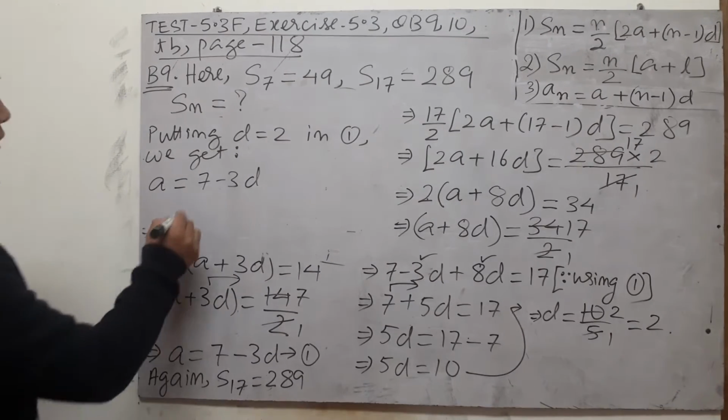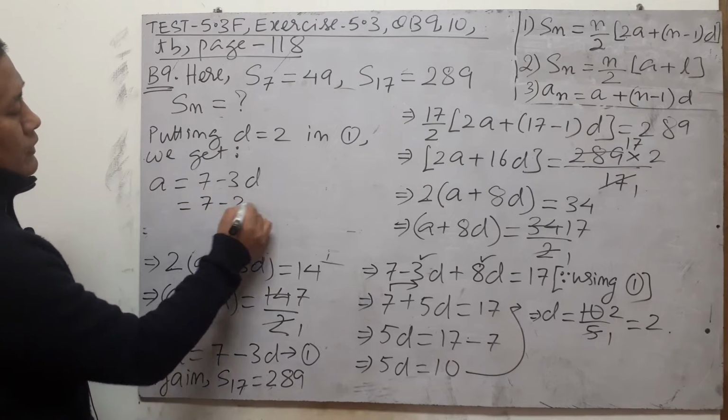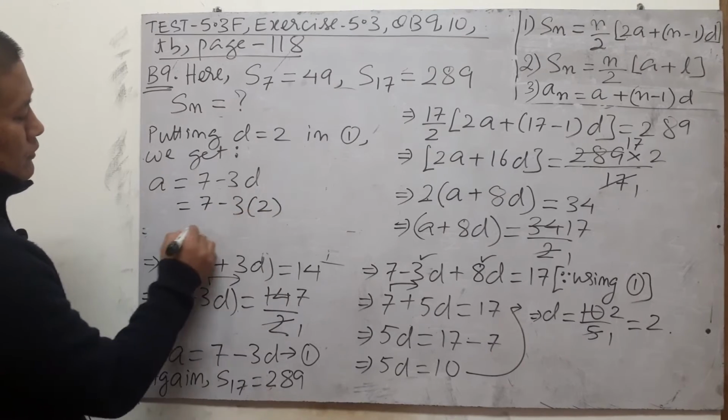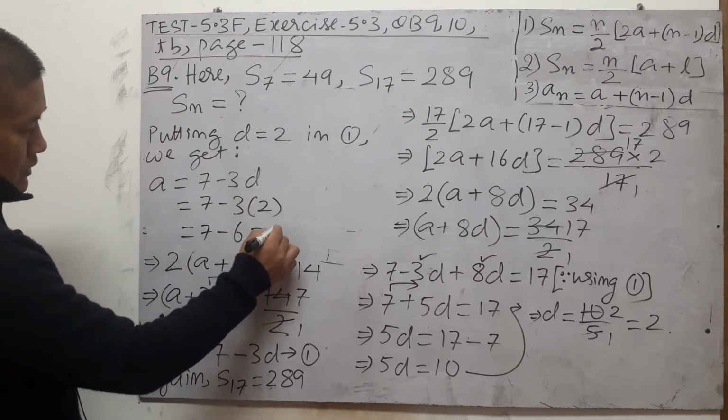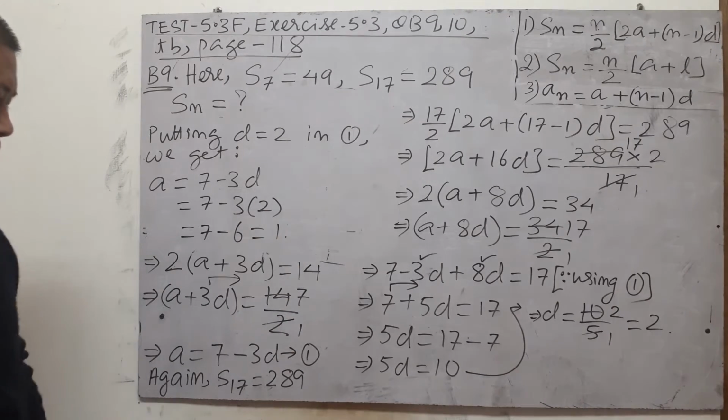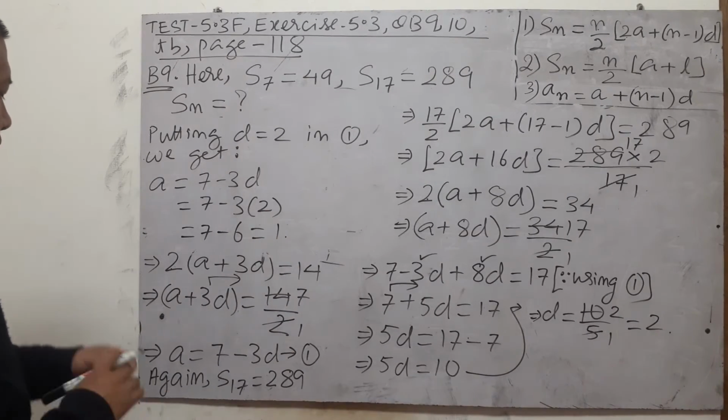So 7 minus 3 into d value, we are going to put here 2, d equal to 2. So 7 minus 3 2s are 6. 7 minus 6, 1.